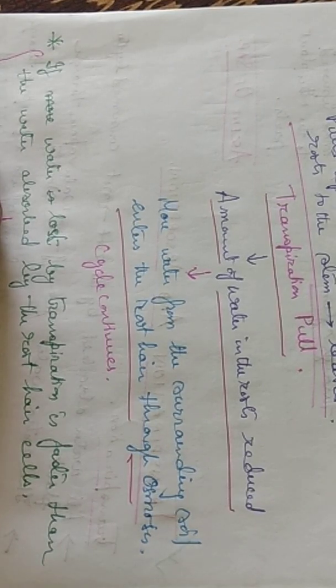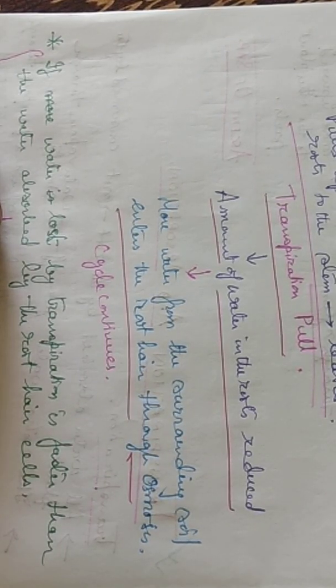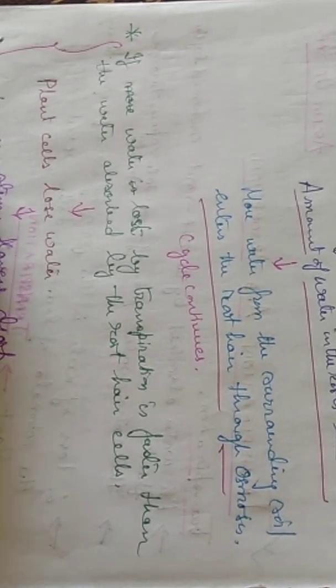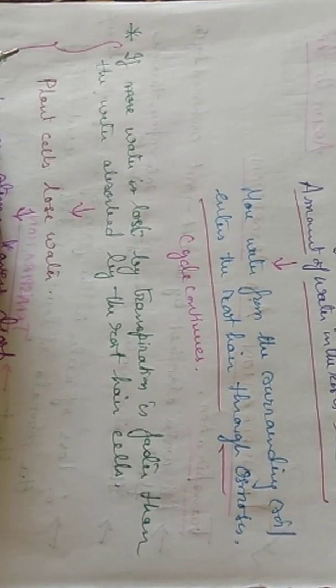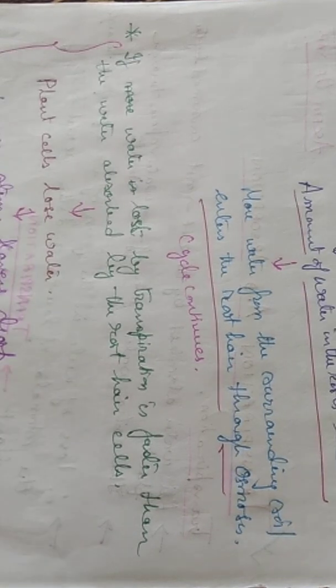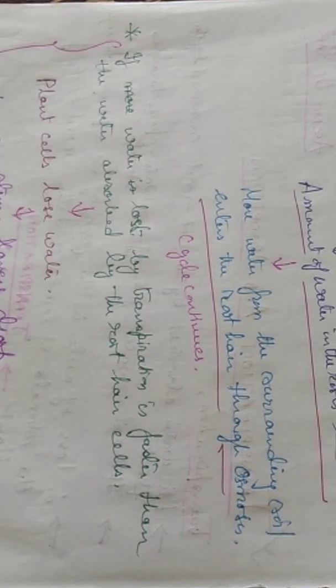The amount of water in the roots reduces, and then more water from the surrounding soil enters the root hairs through osmosis, and this cycle continues.